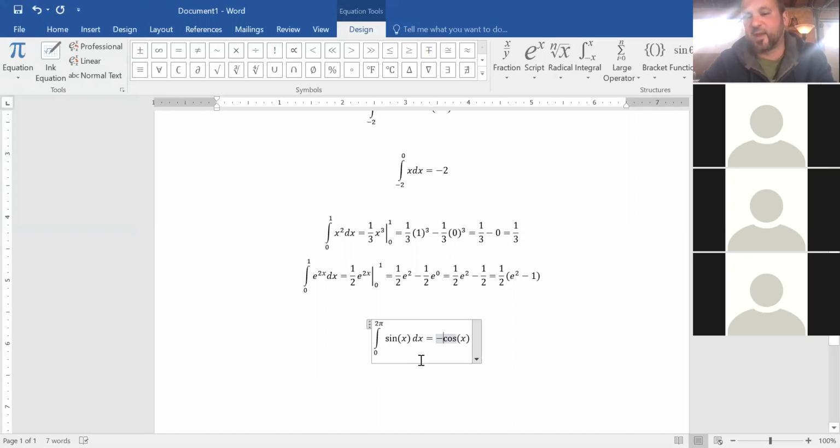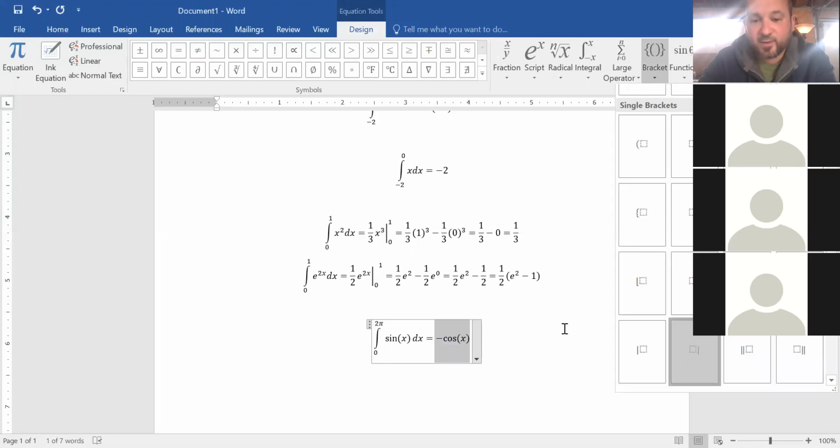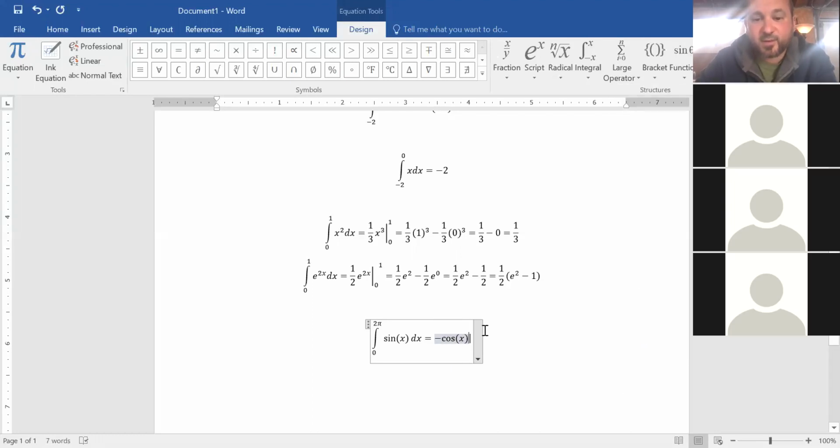Because when you take the derivative of negative cosine, you then get positive sine. So that's the antiderivative. We're going to put that notation, that little structure on here, and go up. And that's 2 pi.